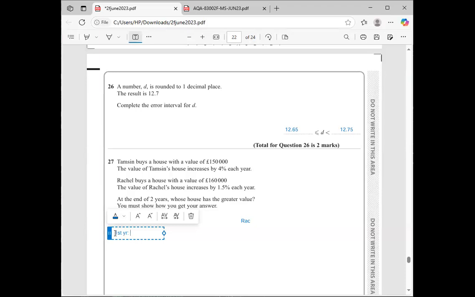The new value after the first year is going to be 150,000 plus 150,000 times 0.04. Can you do this? Carry out the calculation in the brackets first, then we add 150,000 to it, and we get the new value.